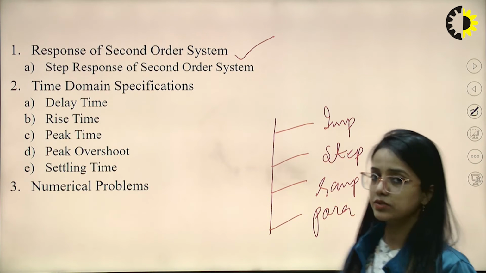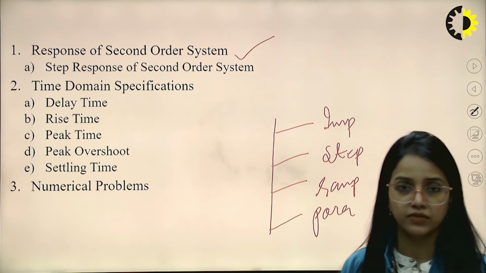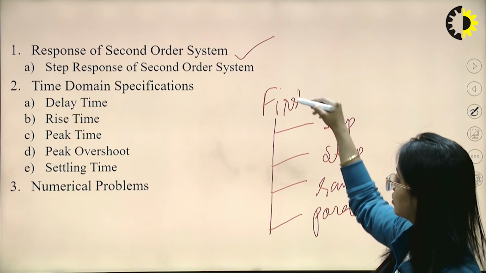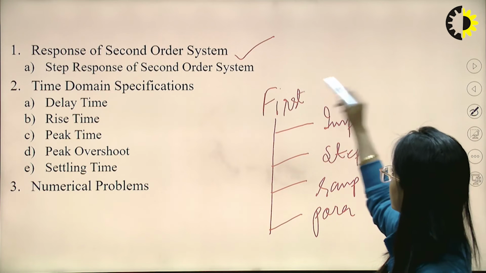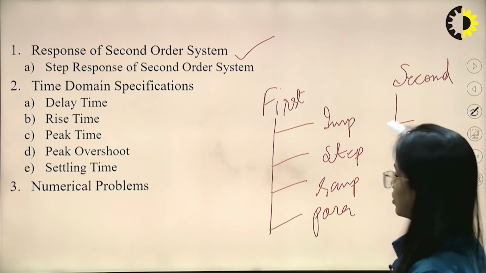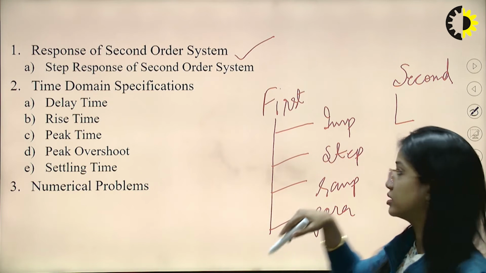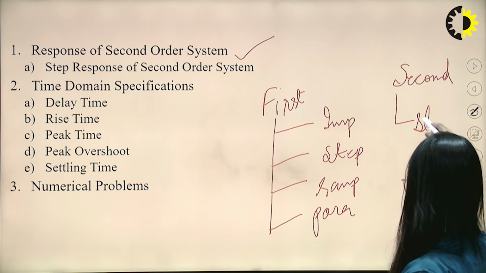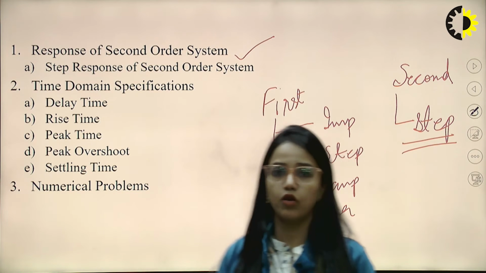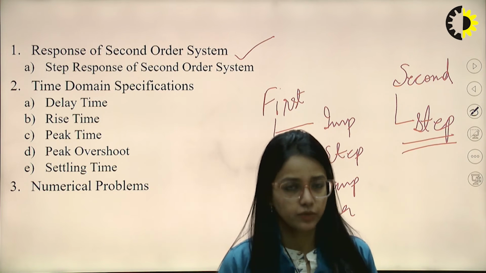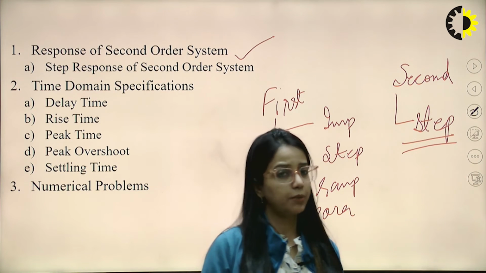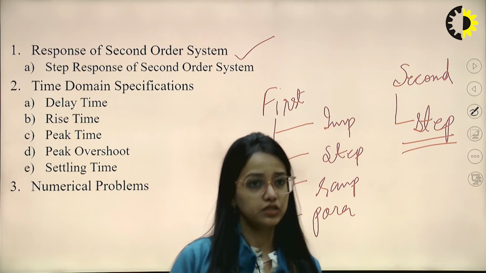We have studied the response for all 4 cases. Now, for second order system, we will study only the step response, because studying only the step response gives the behavior of a second order system in all respects. We are not studying the response for impulse, ramp and parabolic.